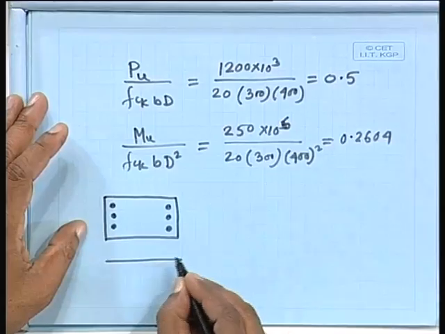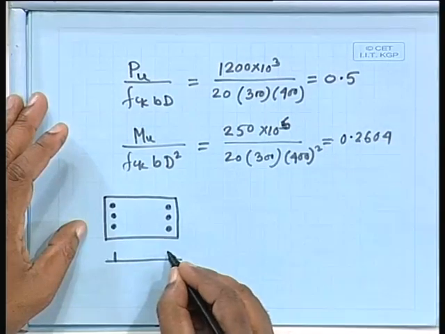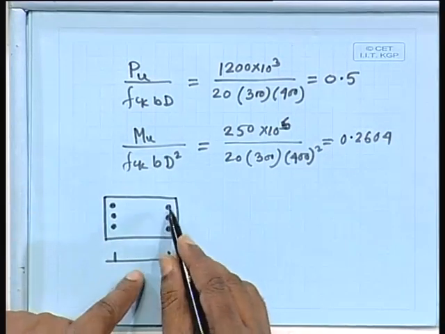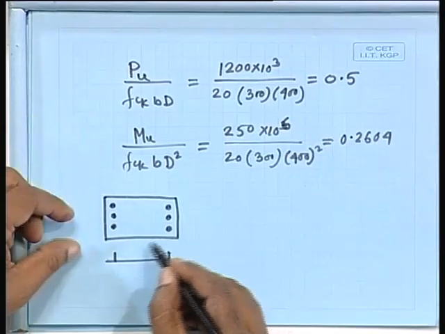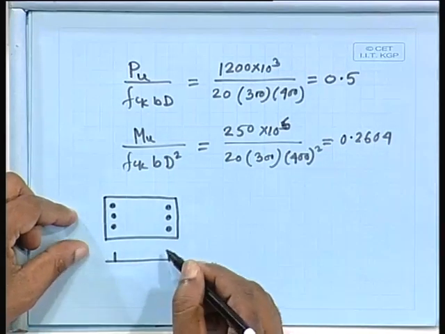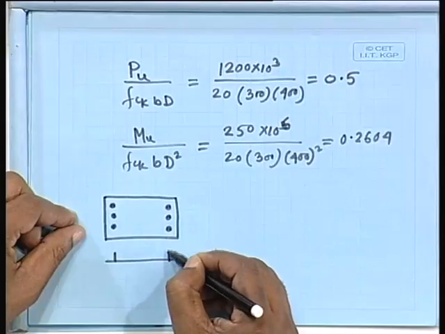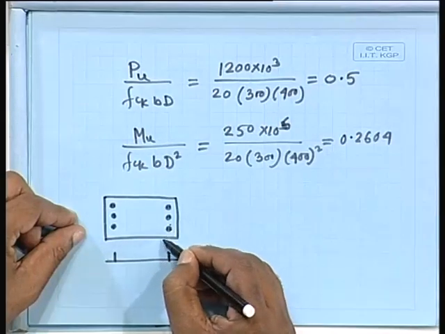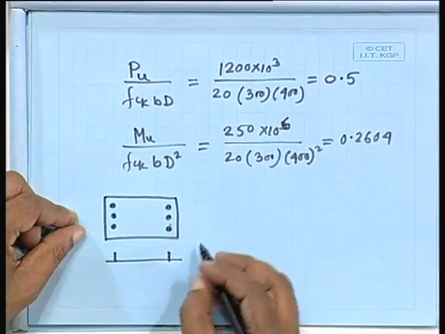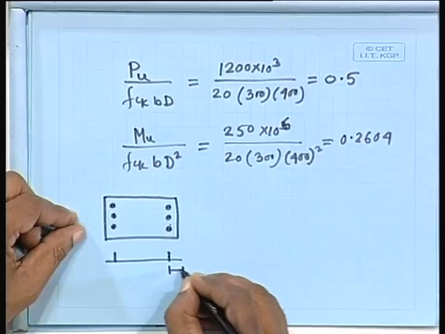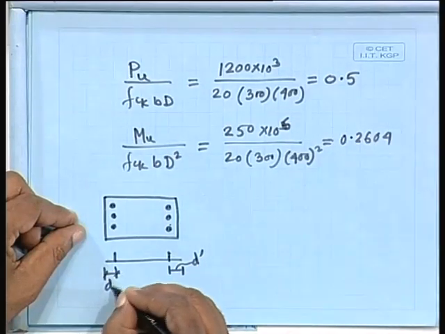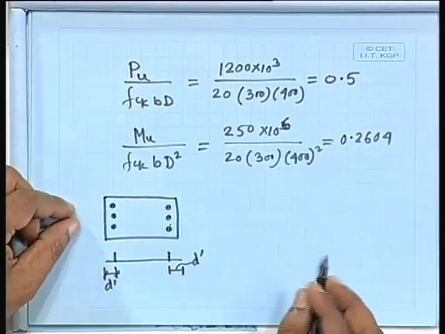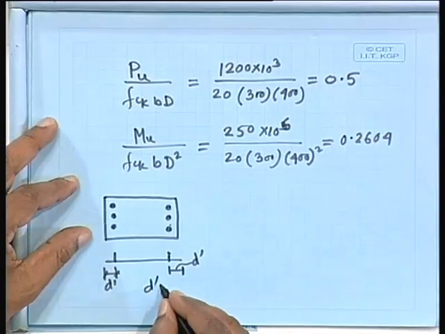The strain in the steel, or in other words the stress, you have to compute on the basis of the strain. Then you have to accordingly find out the stress, and where it is at a distance d dash. What is d dash? d dash is the effective cover.